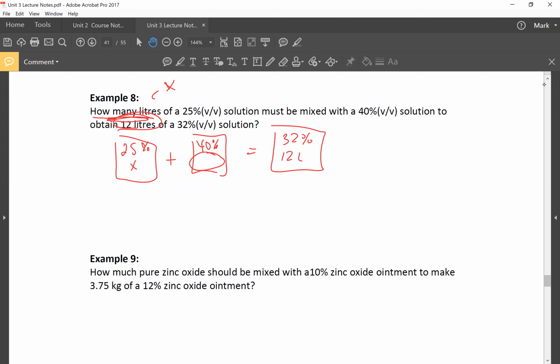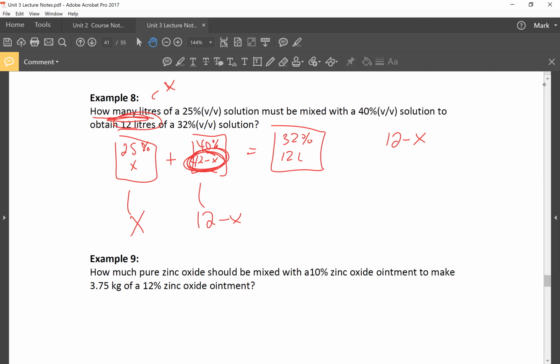Think about this, and this is what took me a minute to solve: if X is the amount of 25% solution, and we're only making 12 liters, then the amount of this solution must be 12 minus X. If this is X and this is 12 minus X, that's what's going to make us the 12 liter solution. If I'm adding X to 12 minus X, it will equal 12.